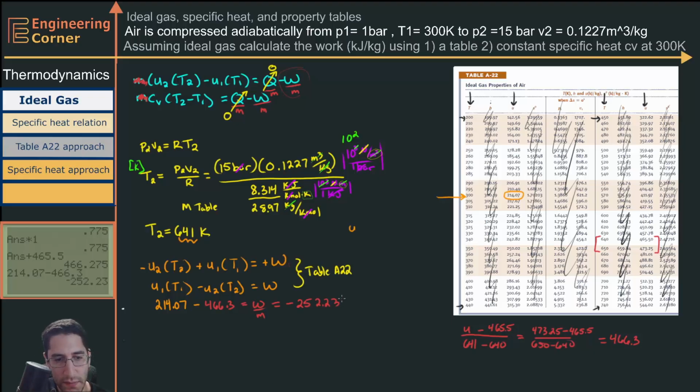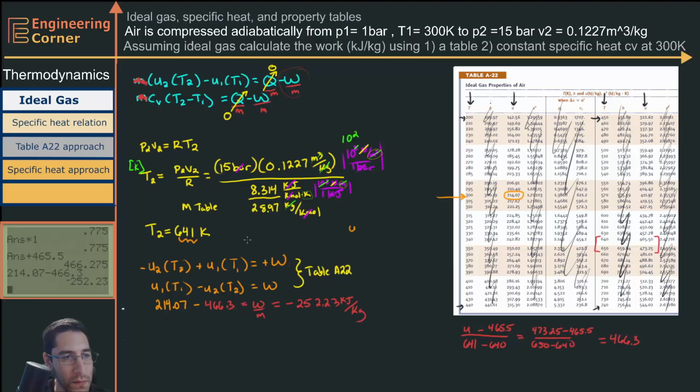So what are these units? We do know that this is a unit of kilojoules per kilogram, and that makes sense. So this is going to be 252.23 kilojoules per kilogram.